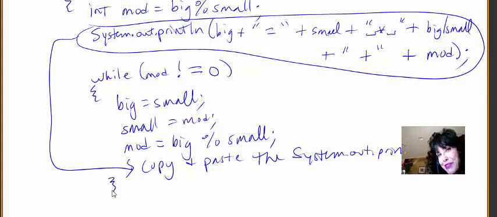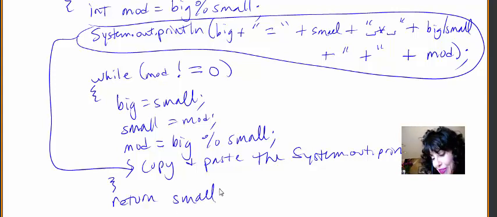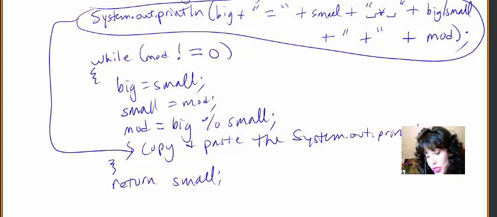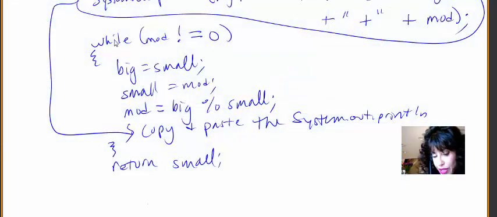And of course, we're in the middle of a method. You better have a return statement. So once the modulo, or the remainder, is 0, what do we return? Remember, we return whoever was the last small. And so that is the end of this code here. And so, of course, you're going to have to do an ending curly brace because that's required.